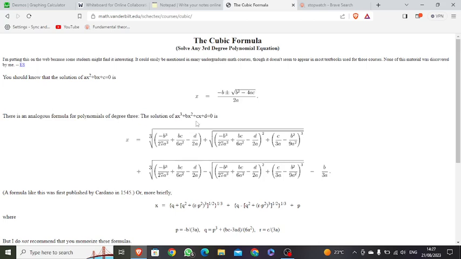Eventually, even with cubics that had a real root, you could try to find ways to compute the roots of negative numbers to find out the real roots.